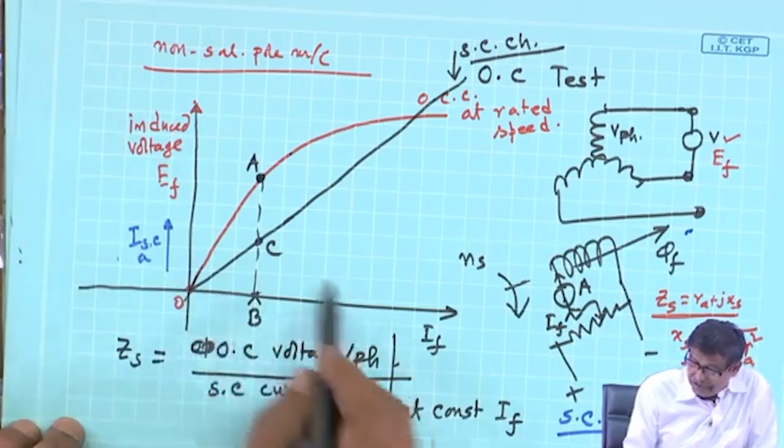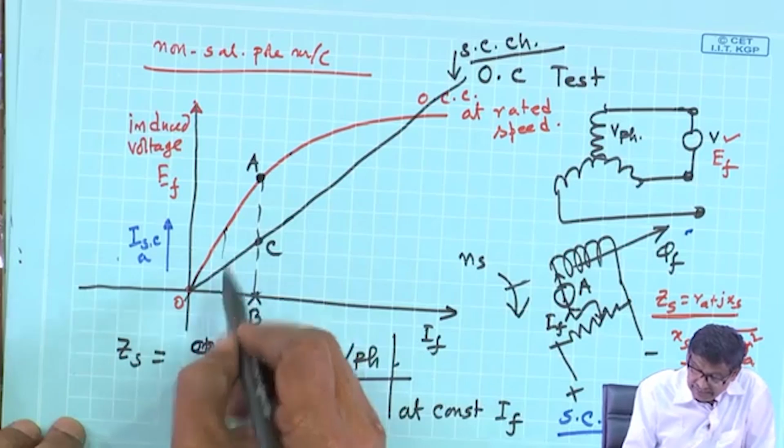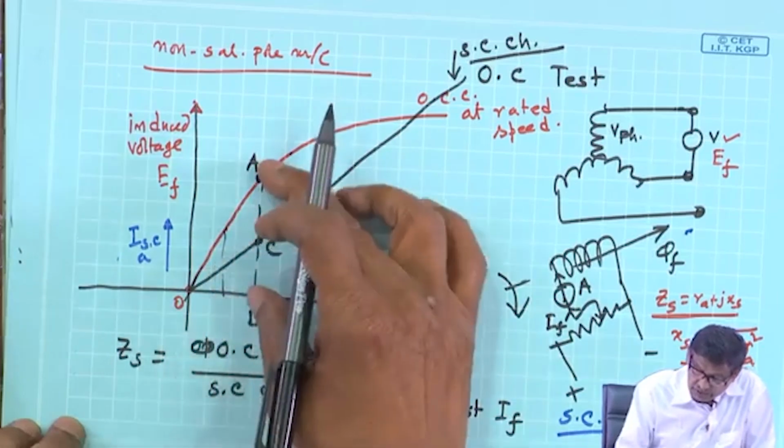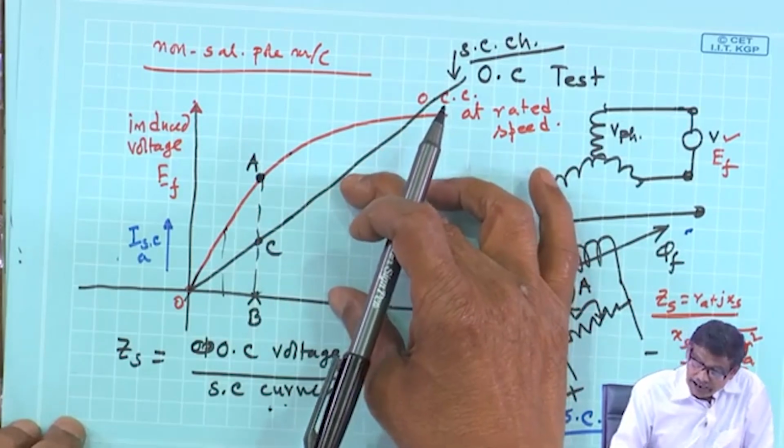Initially, if somebody calculates ZS at various field currents, this voltage by this current, this voltage by this current, what will happen?